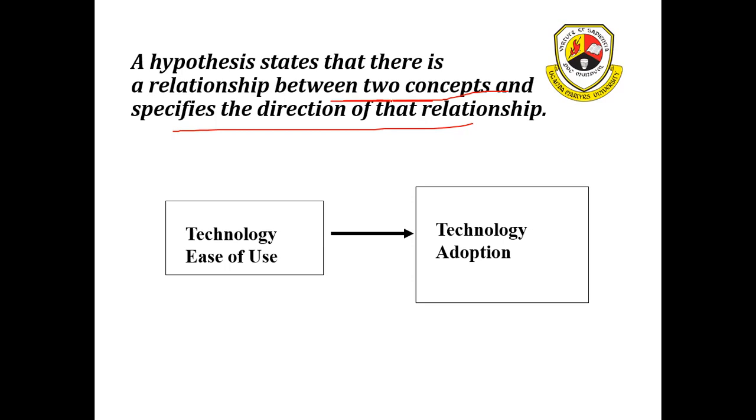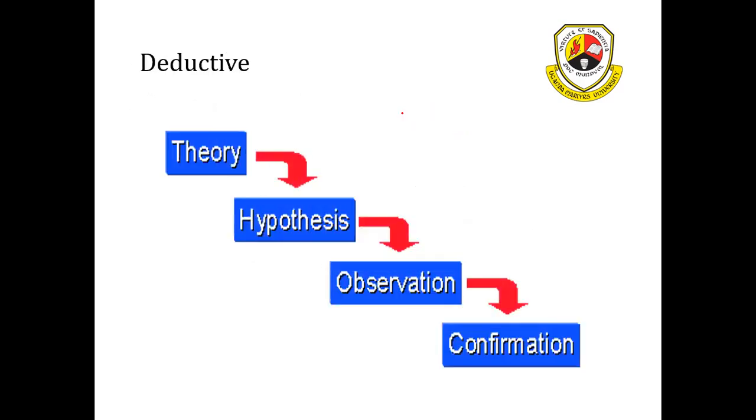Okay? So with a hypothesis, you're testing two or more concepts. You're trying to determine a causal relationship between two or more concepts. So that's usually where you use measurement to determine a relationship. Deductive starts from a well-defined theory, something that is accepted as truth.